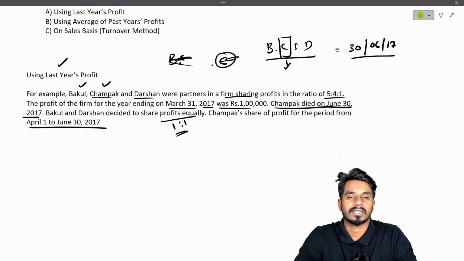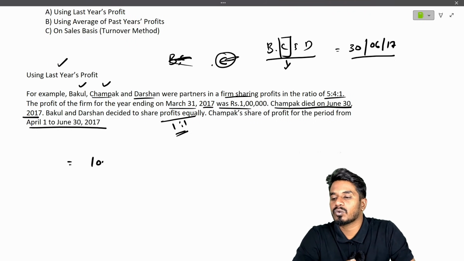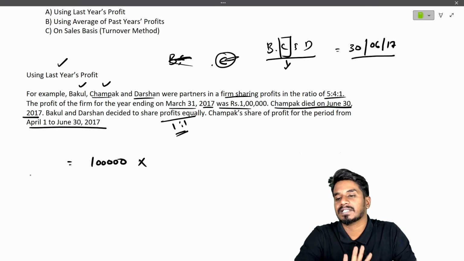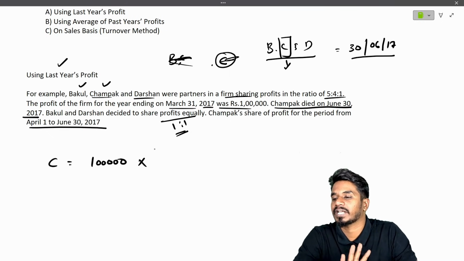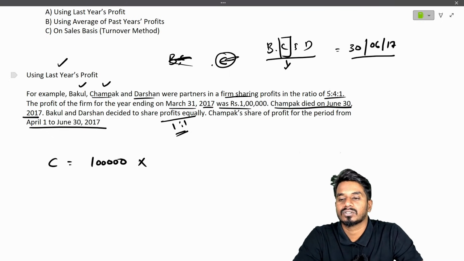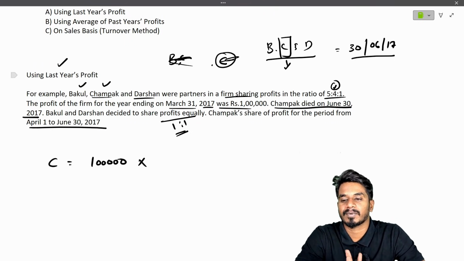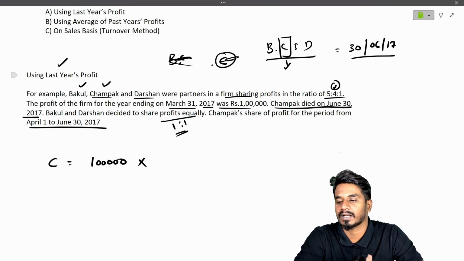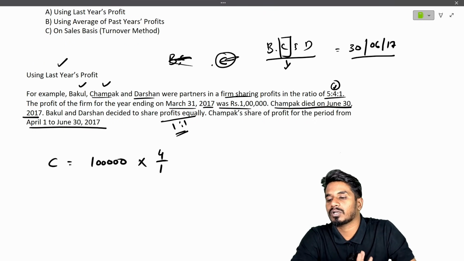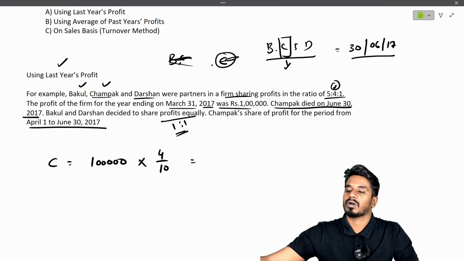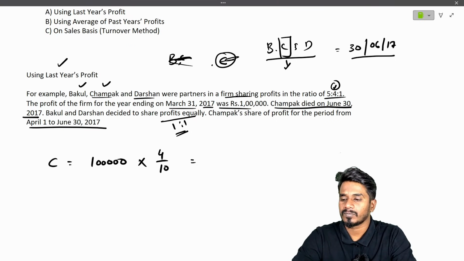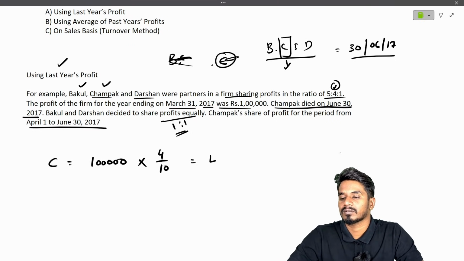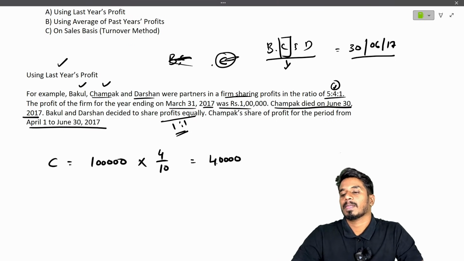So how can we calculate the profit? The profit was 1 lakh for the year. What is the deceased partner's share, that is C's share, Champak's share? Champak's share is 4 divided by 10, since 5 plus 4 plus 1 is 10 and his share is 4 out of 10. So how much is it coming out? 40,000.